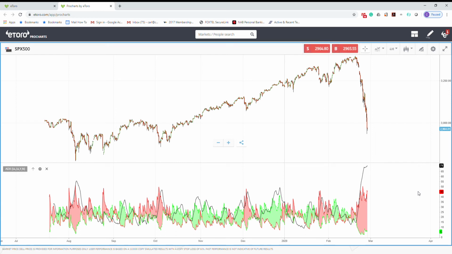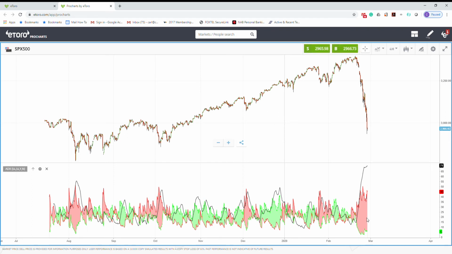Normally above 35 it means that we have a strong trend, and here you can see that with this big spike down, it shows a very trendy market. This line just shows the strength of a trend. It doesn't show you if the trend is going up or down.